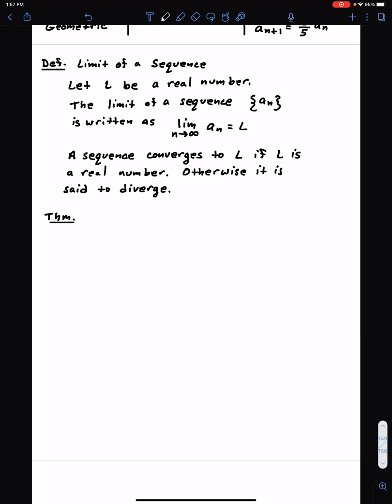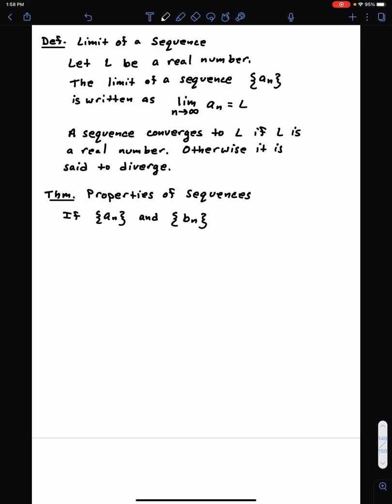Theorem. Properties of sequences. If a sub n and b sub n are convergent sequences, and c is a constant.